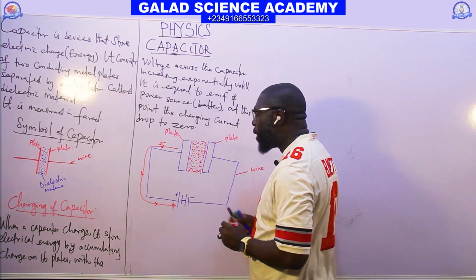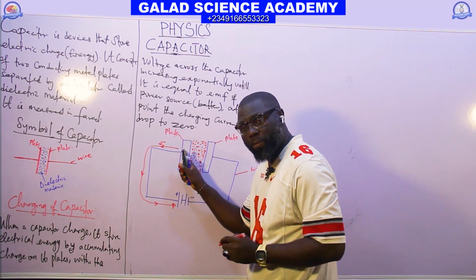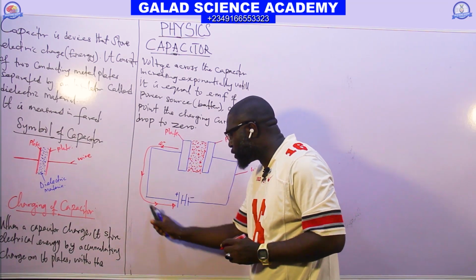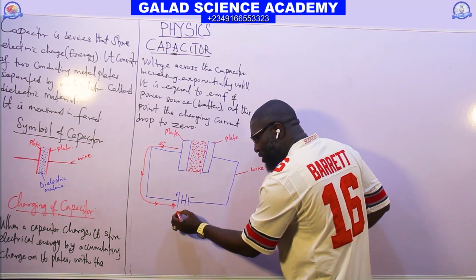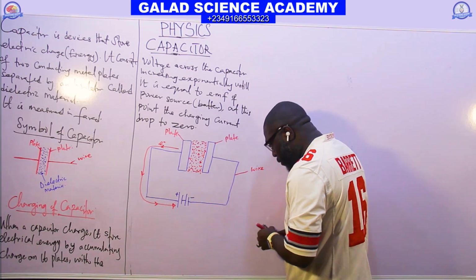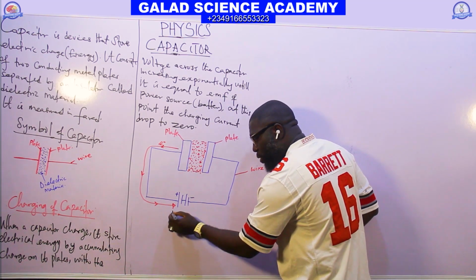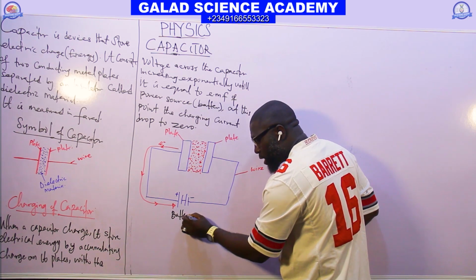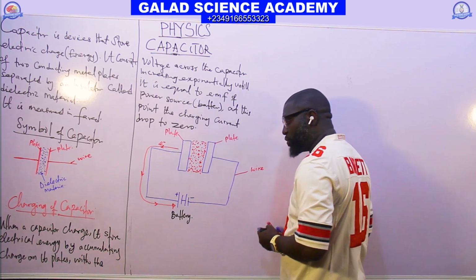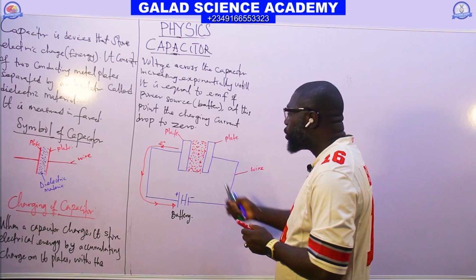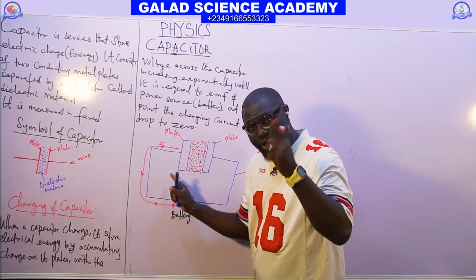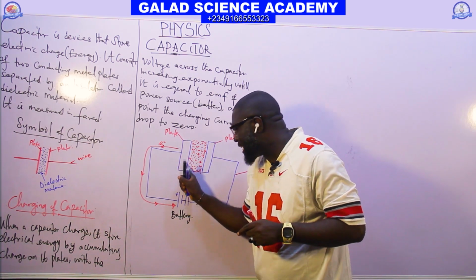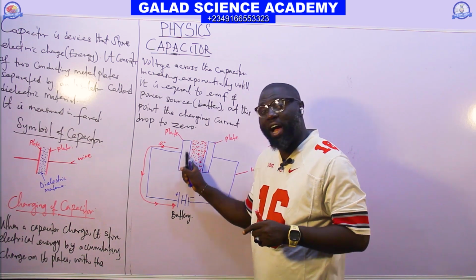When the electrons move from the plate to the positive end of the battery, you will observe that we have both negative and positive charges here.